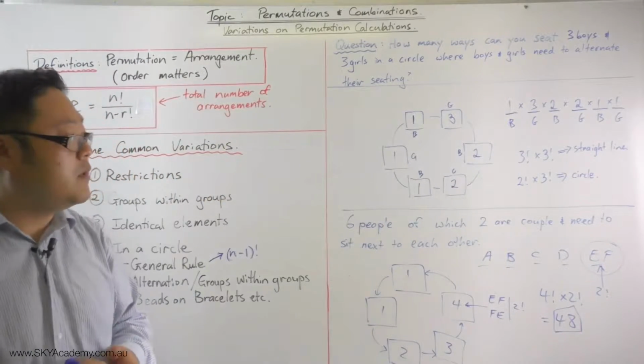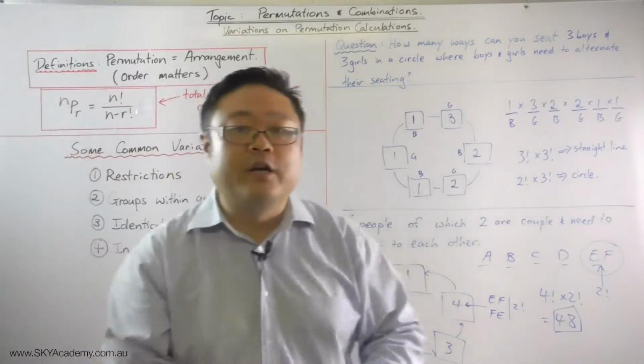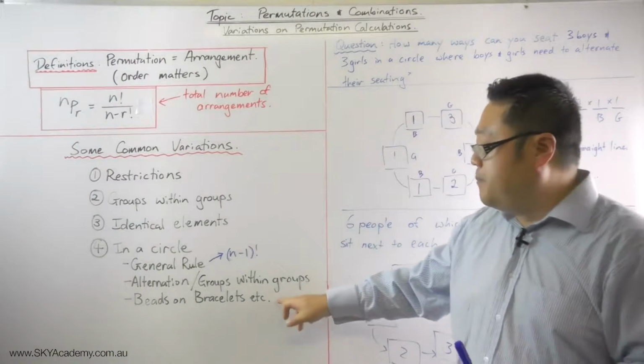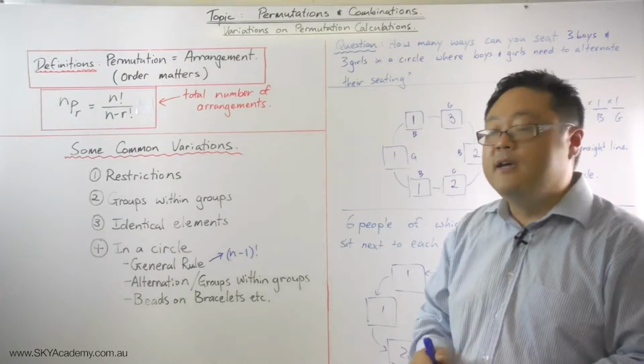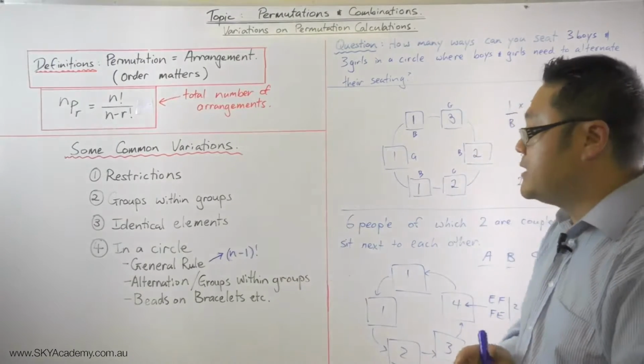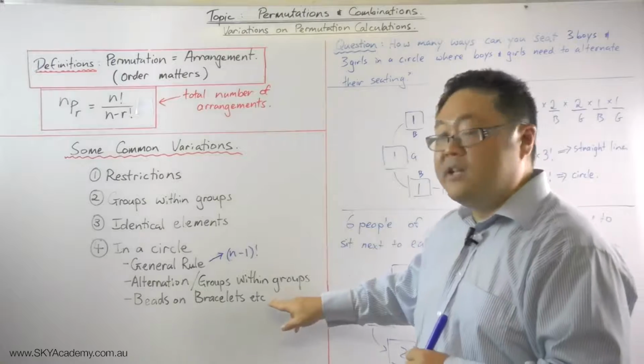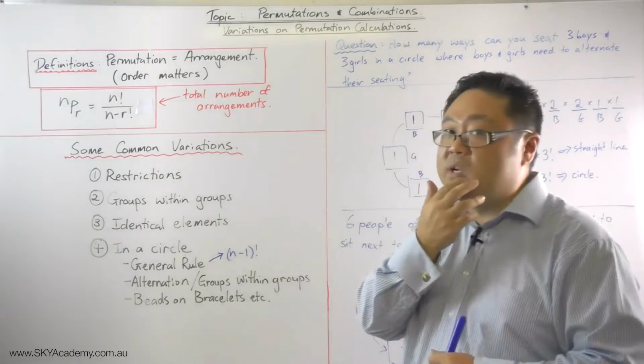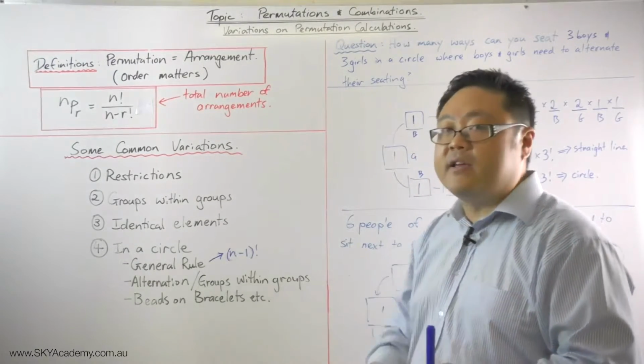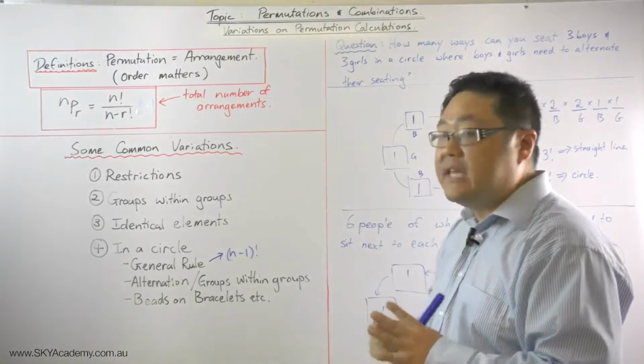Good. The last thing that I really want to go through is beads on a bracelet, okay? Now, when you've got a beads on a bracelet type scenario, there is a little trick with that, okay? And this one comes up every now and again and rears its ugly head.